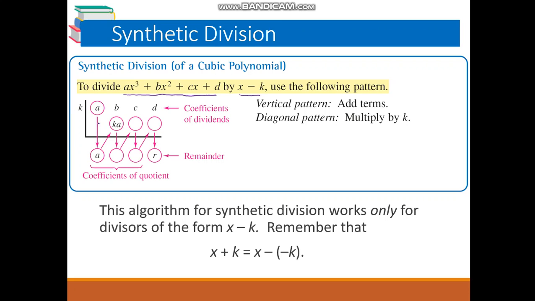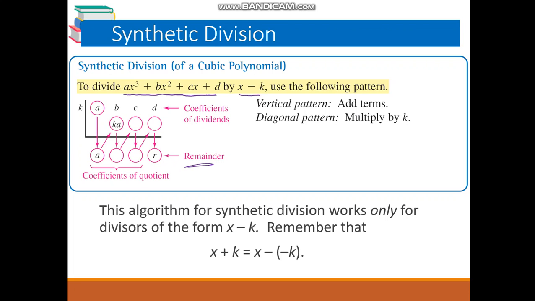Then we copy our leading coefficient down, and then we take k times a and put it here, and then we add to get this. I'm going to take this times k and put it there, add, multiply by k, and add again. And the thing that's left is the remainder.